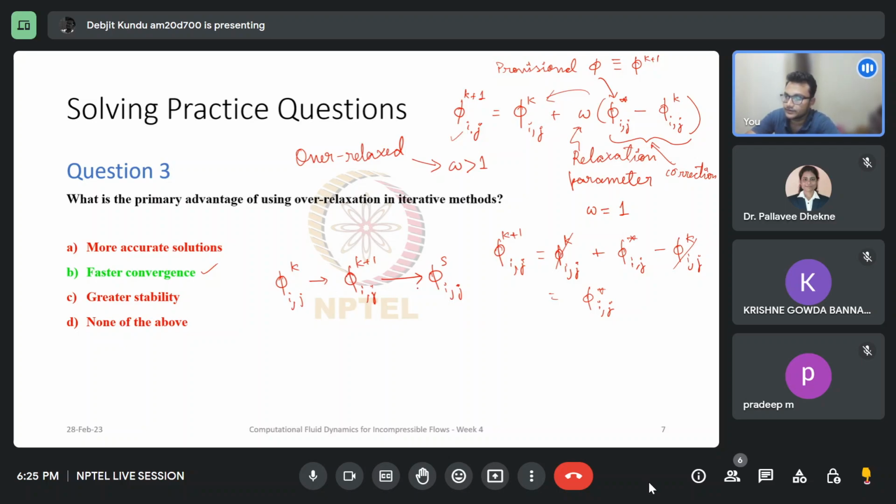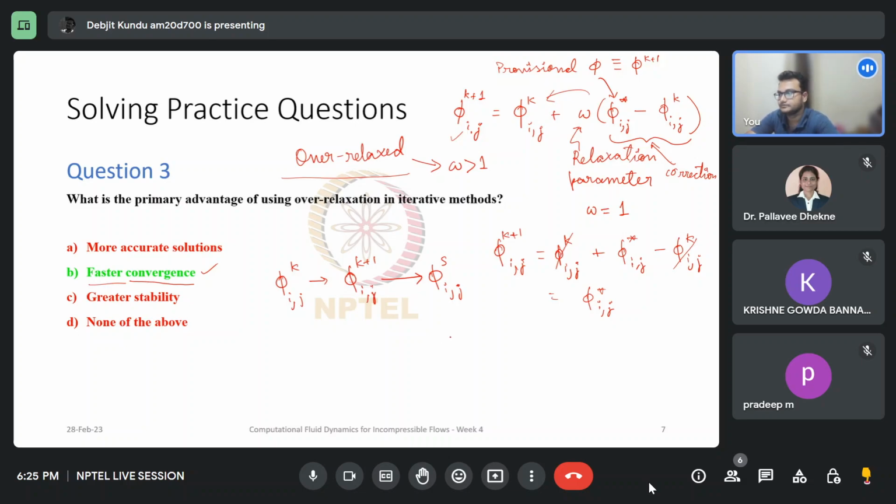So as we are going through these iterations, if we somehow increase this correction a little bit, that would allow us to reach the final solution quicker. Reaching the final solution is what is called convergence. And if we do it quicker or faster, that's faster convergence, and that is usually obtained by using an over relaxed parameter.